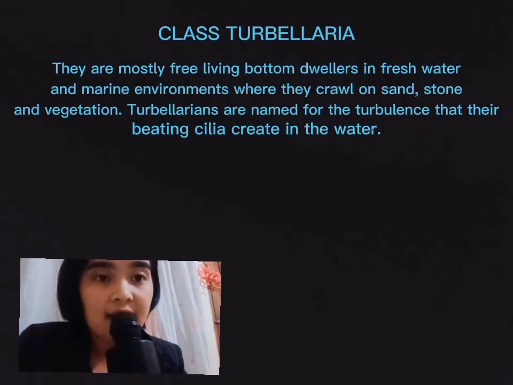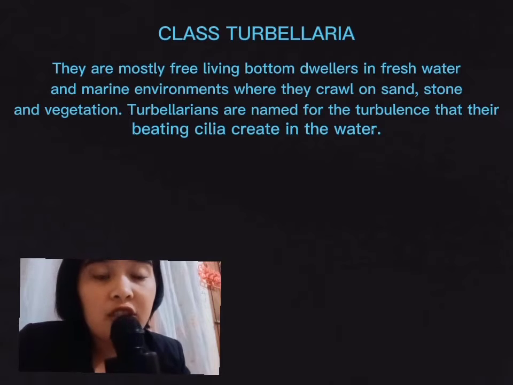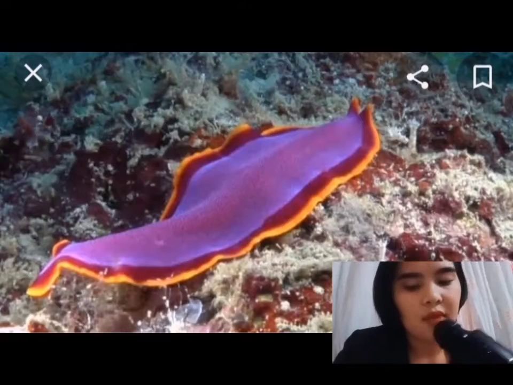First, we discuss the class Turbellaria. They are mostly free-living bottom dwellers in fresh water and marine environments, where they crawl on sand, stone, and vegetation. Turbellarians are named for the turbulence that their beating cilia create in the water.